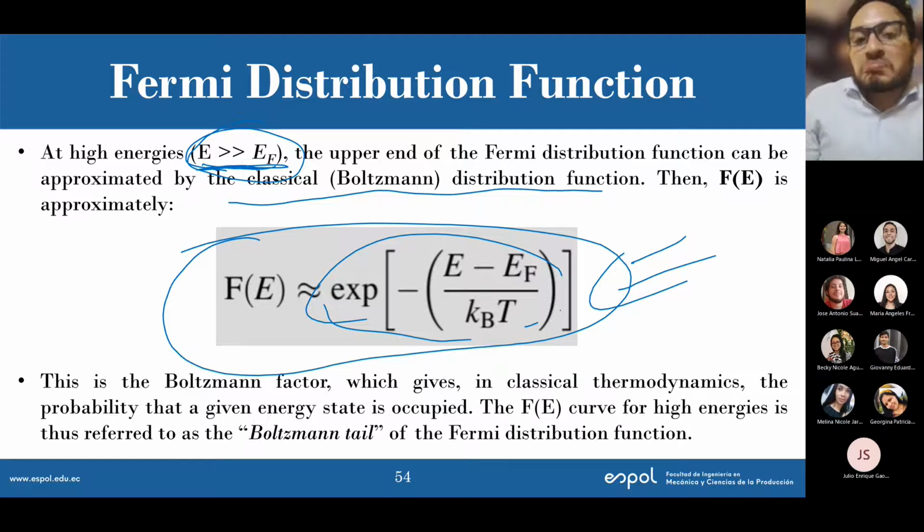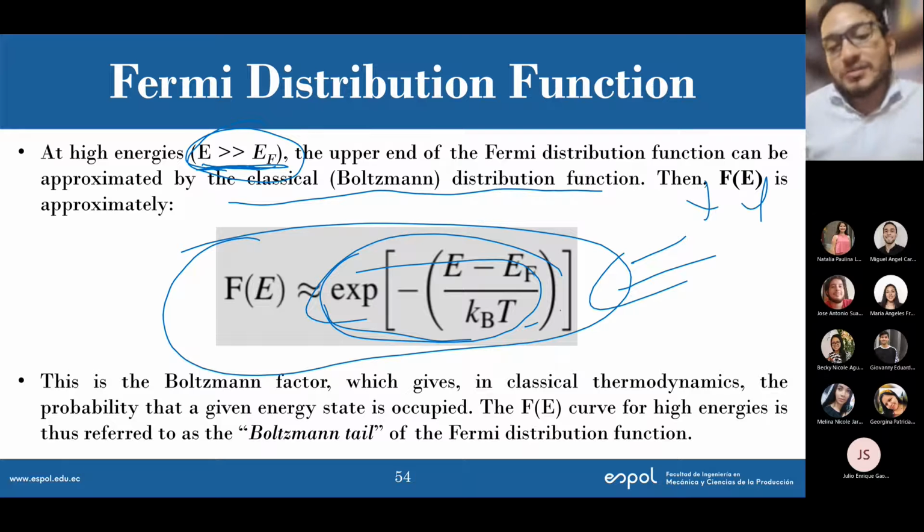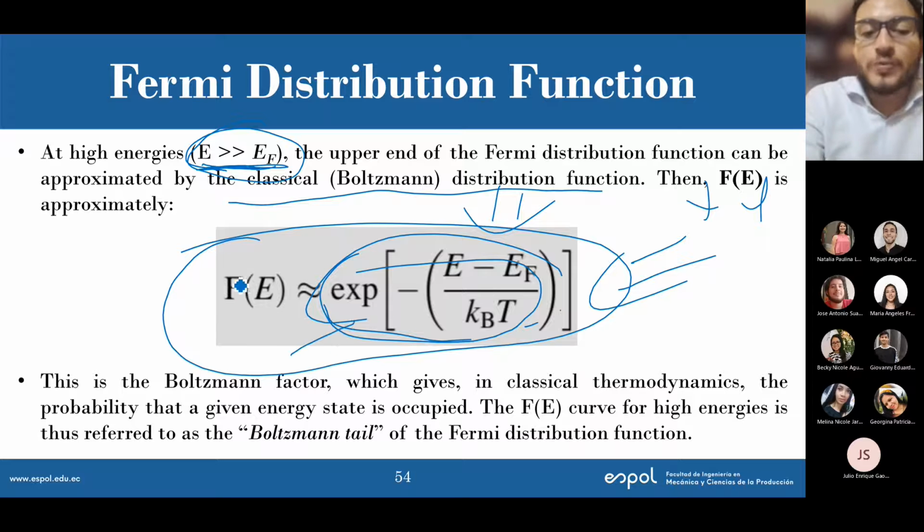That's just how big this term becomes. If you see that this term becomes so big that adding 1 to that term is meaningless, then you know you can use the Boltzmann function, right? It's just a matter of saying, well, this is actually a huge difference. This term is going to be so big that it makes no sense to add a 1 to this value because anyway, it's still huge, right?